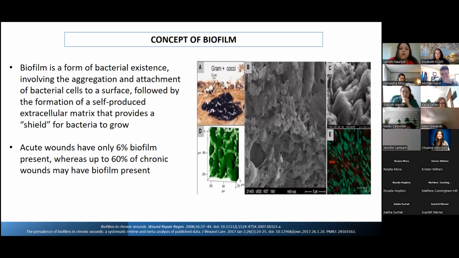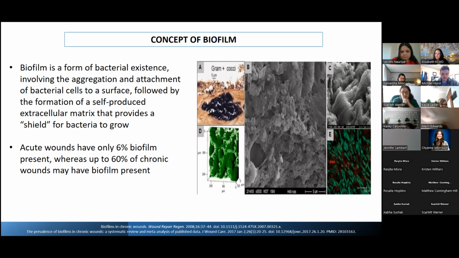So before I move on, I wanted to talk about the concept of biofilm, since it plays such an important role in chronic wounds. What is a biofilm? It's basically a form of bacterial existence involving the aggregation and attachment of bacterial cells to a surface, followed by formation of a self-produced extracellular matrix. Think of it like a shield for the bacteria to grow.